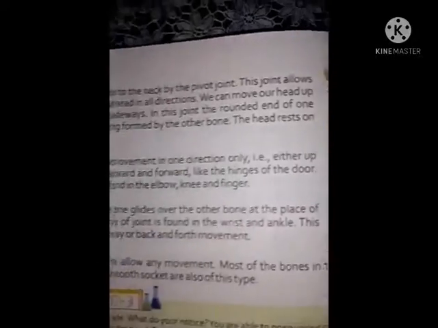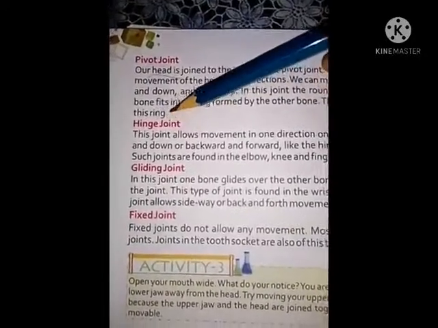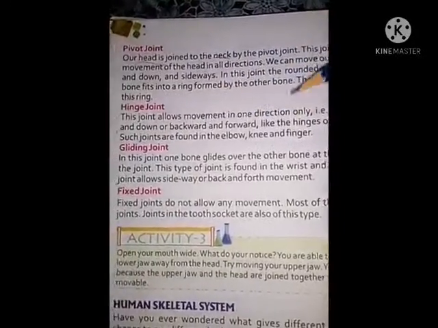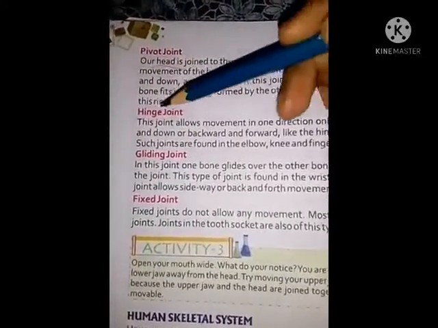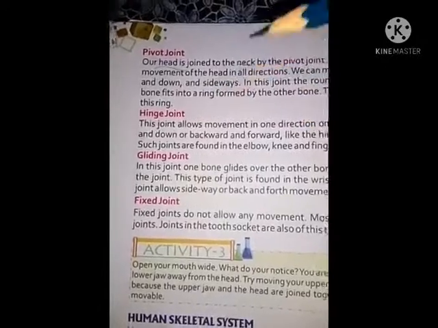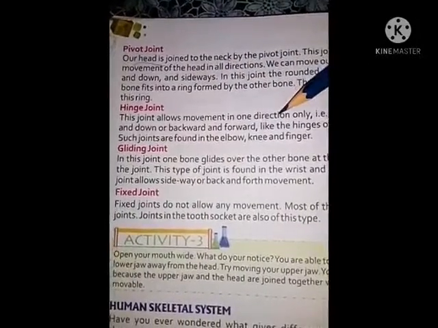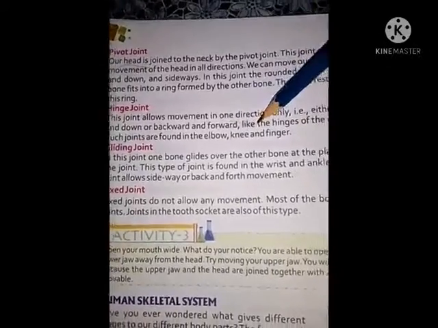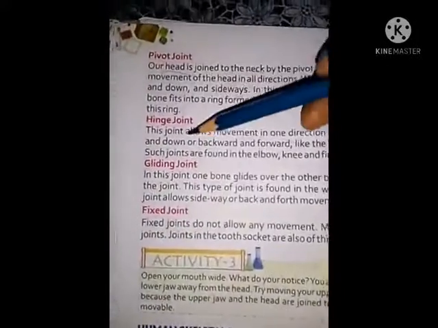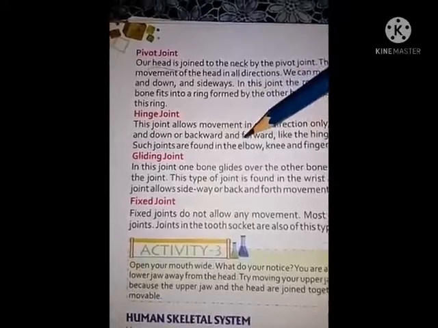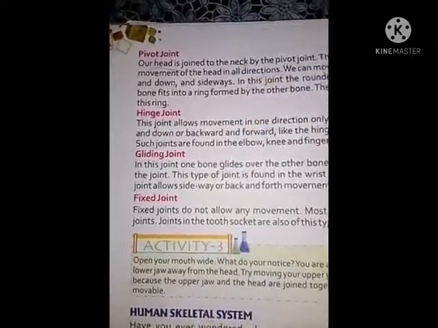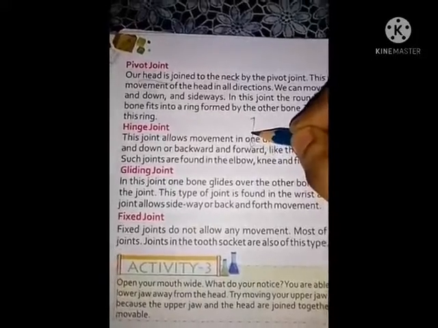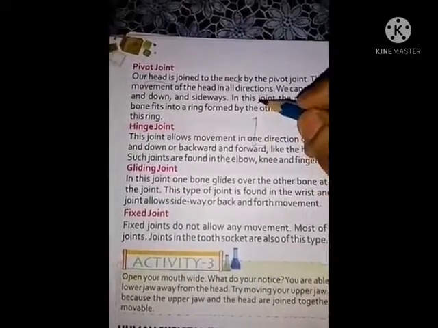Okay. Now see hinge joint. This joint allows movement in one direction only. The bones where a hinge joint is present move only in one direction, that is either up and down or backward and forward.